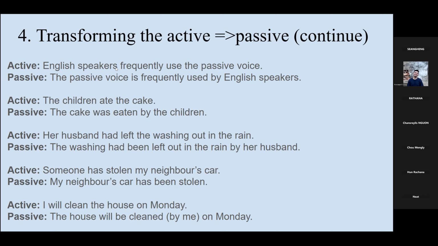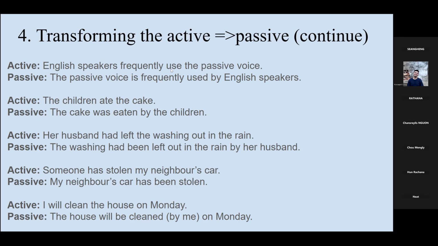English speakers is the subject, use is the verb, the passive voice is the object. So to change to passive, we use the object to be the subject. The passive voice used here is present simple.